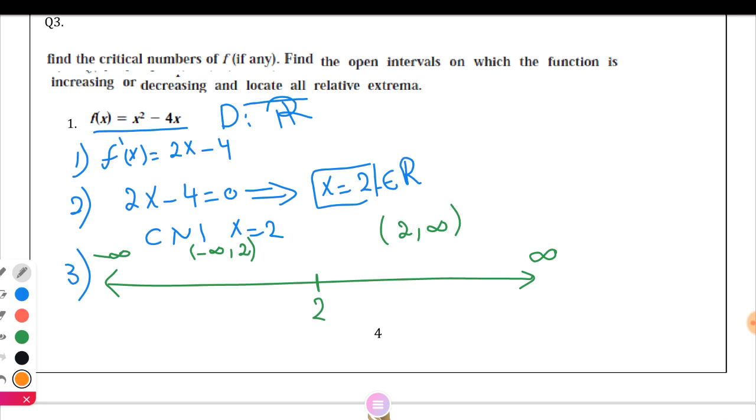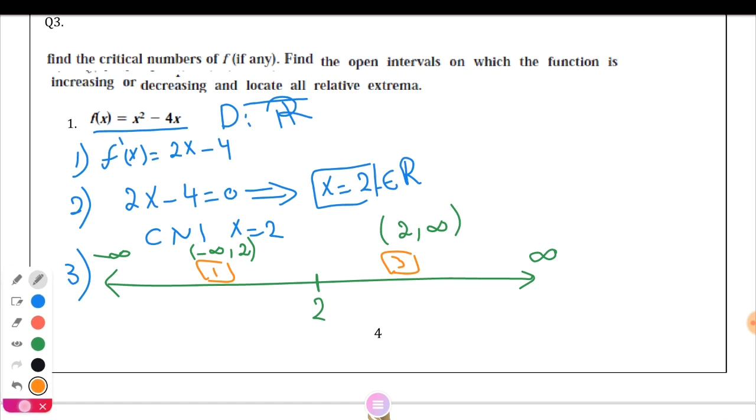Fourth step, here I have to choose the test value, which I use to identify the sign of the derivative of the function. Here, what is a number less than 2? I'll choose 1. And here you can choose any value. Then replace in what?